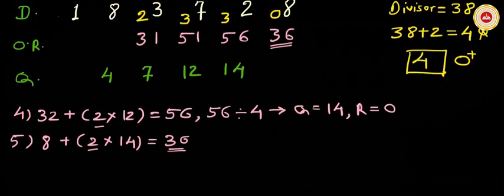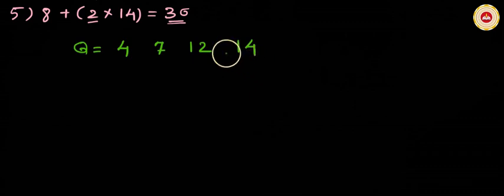So let us write the quotient here. Let us write all the quotients as they are first: 4, 7, 12 and 14. Now friends, observe these quotients properly.